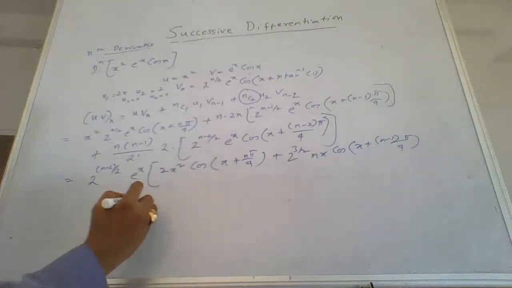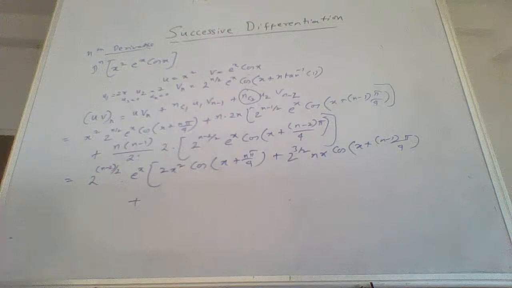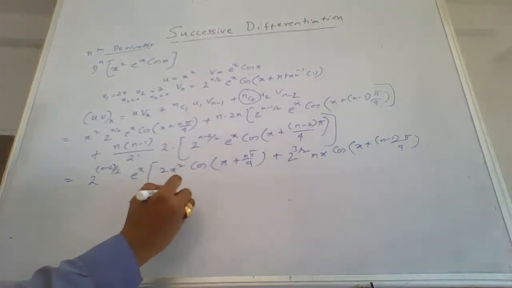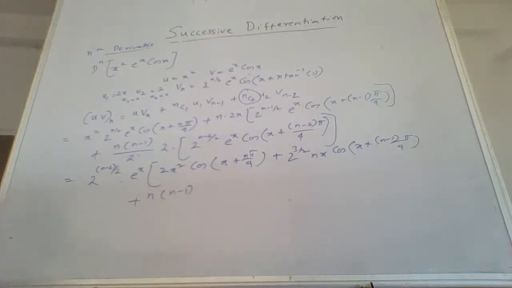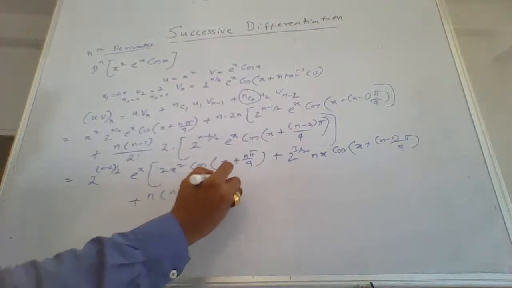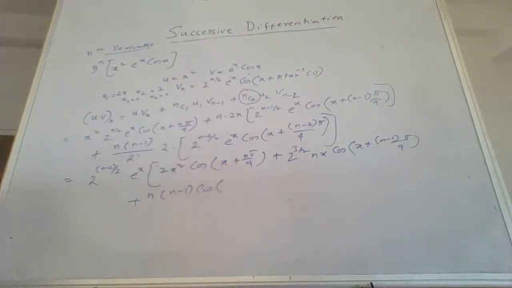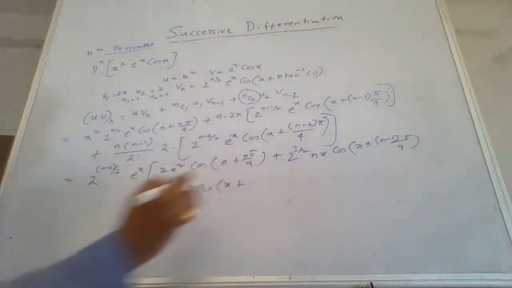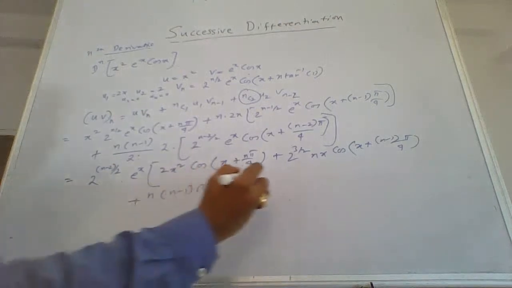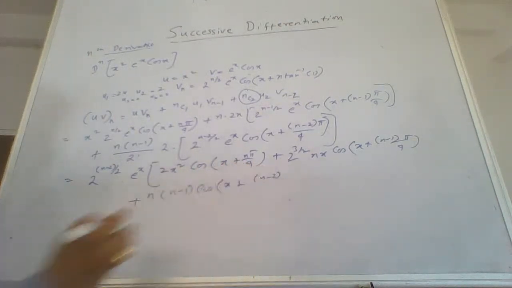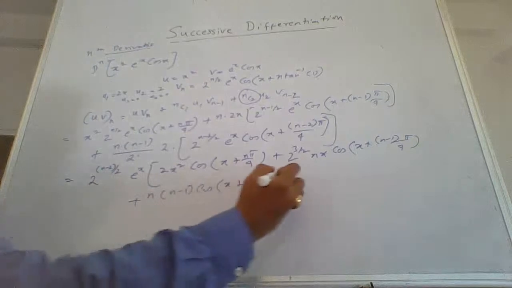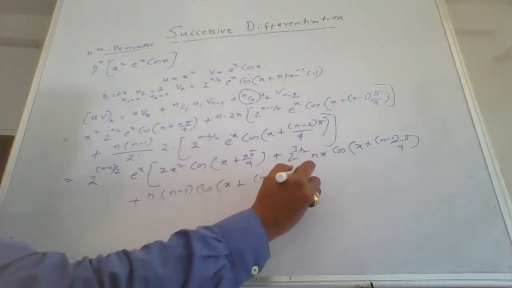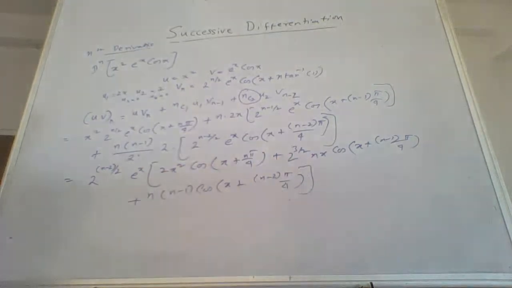And the last term is n into n minus 1 cos of x plus n minus 2 pi by 4. So this will be the solution.